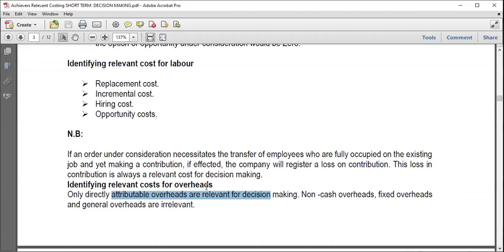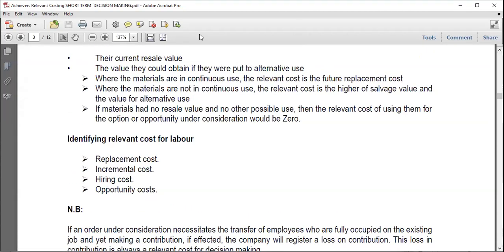Now, we're saying, what about overheads? We are saying that only directly attributable overheads are relevant for decision making. Non-cash overheads, fixed overheads, and general overheads are irrelevant. You get it? So it's very important for us to have that in mind.